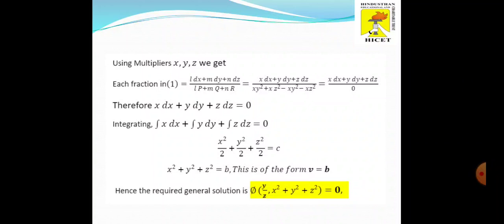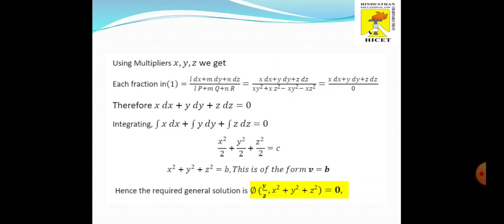So integrating, we get integral x dx plus integral y dy plus integral z dz is equal to 0. On integration, we have integral x dx is x square by 2, integral y dy is y square by 2, integral z dz is z square by 2, that is x square by 2 plus y square by 2 plus z square by 2 is equal to a constant.